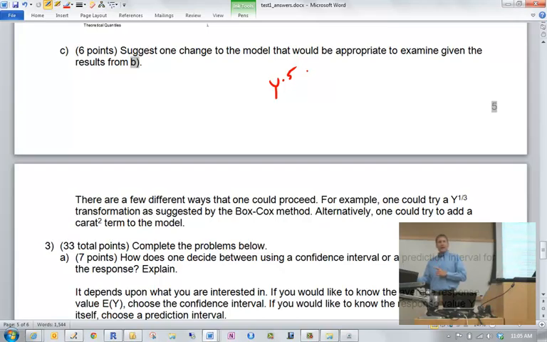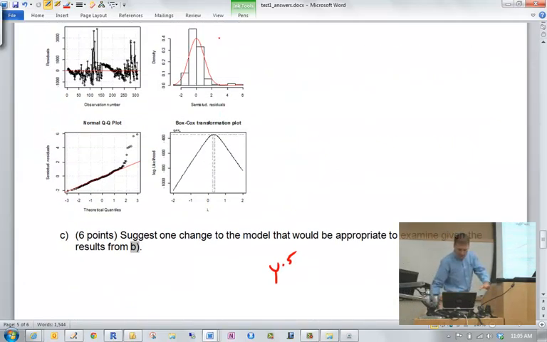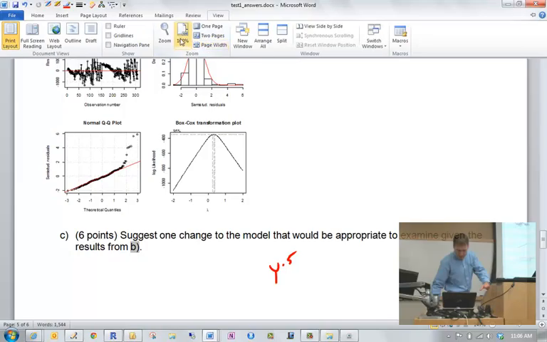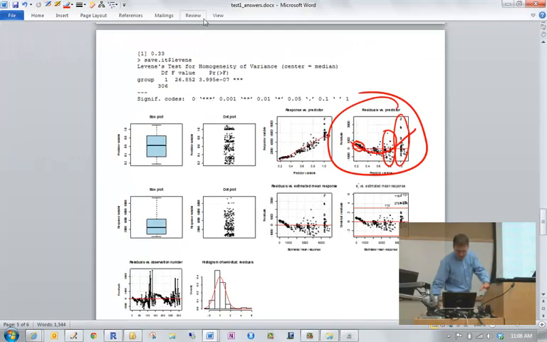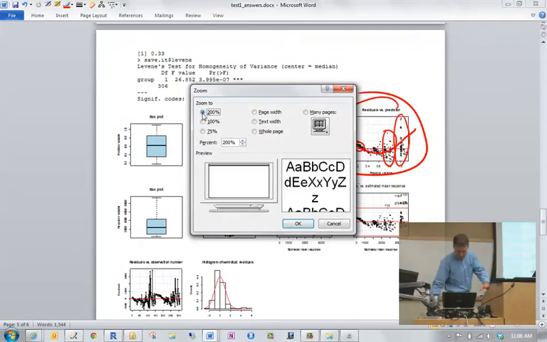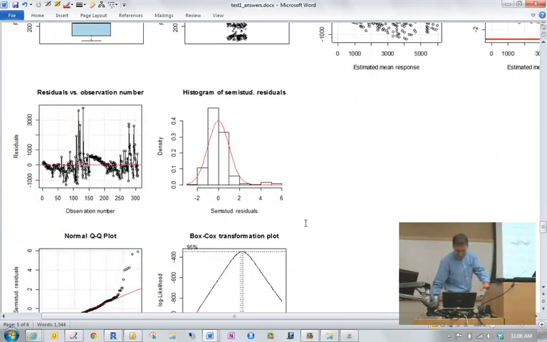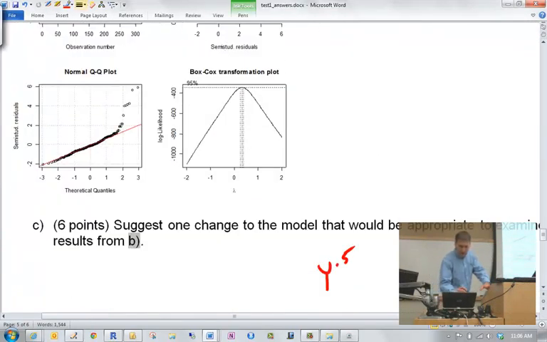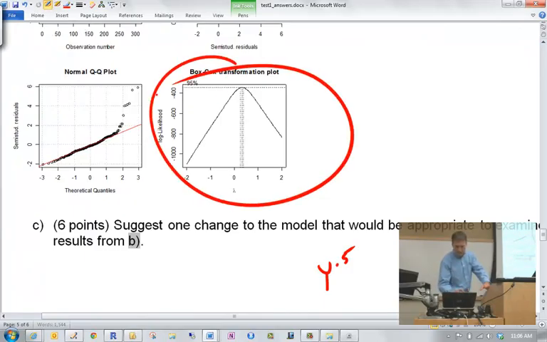But there was one key aspect that you missed out on if you did say do the square root transformation, which we had in project number 2 but did not have for this test. And that is shown right here. Let's see if I can make this bigger. If we look at the Box-Cox transformation plot, notice we have a very narrow band for possible values of lambda.